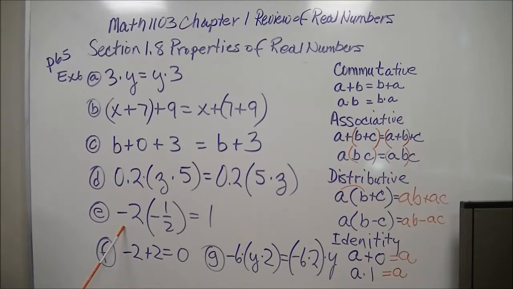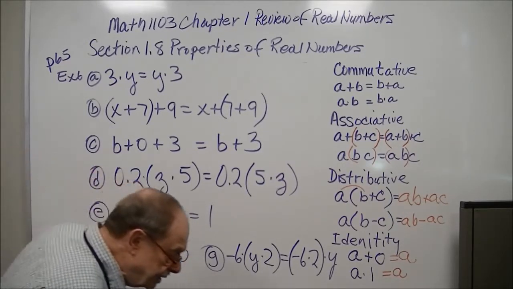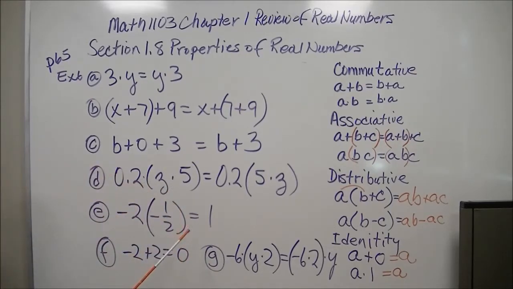Here was one we just had. When we're multiplying a number by its reciprocal, and that would be the multiplicative inverse, we said. The multiplicative inverse. In some cases, they may give you the word reciprocal.